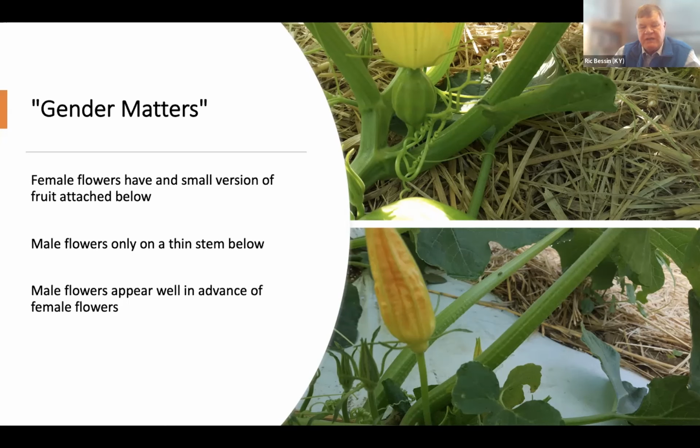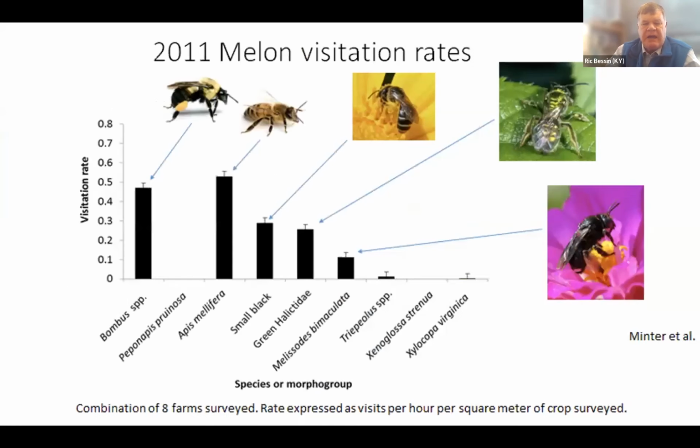When we start to see female flowers on most of the plants, we know that's the time we need to have some sort of pollination technique in place to produce a crop. So I just wanted to show you the next slide, on who our pollinators are on these crops.